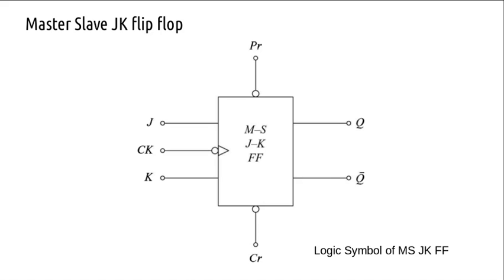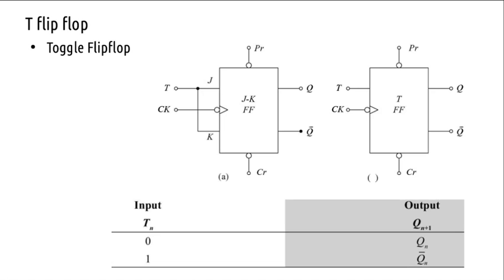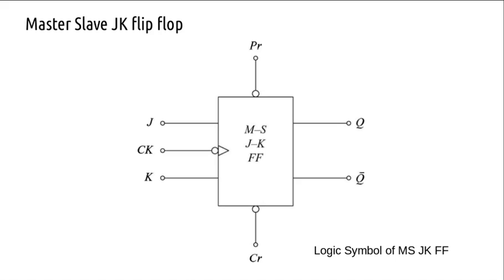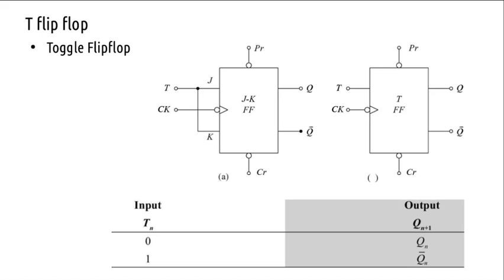I'll just take one more topic. There is something called a T flip flop. You have drawn the figure, right? T flip flop, JK flip flop, master slave JK. Just draw it; leave the clock bubble, and the rest is the same. Draw JK, the clock, preset and clear. What the T flip flop does, SR cannot do. SR doesn't have the condition J equals K equals 1.